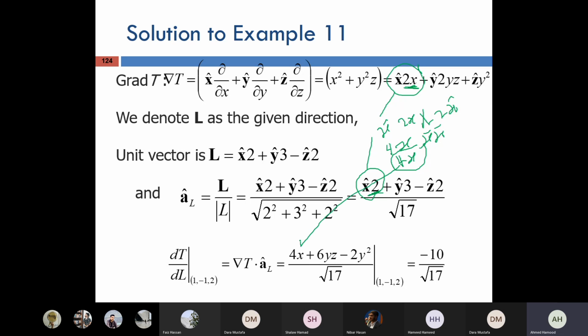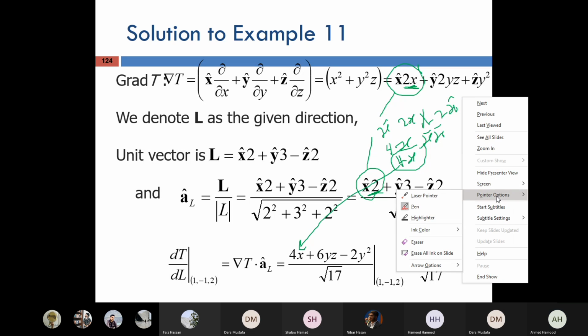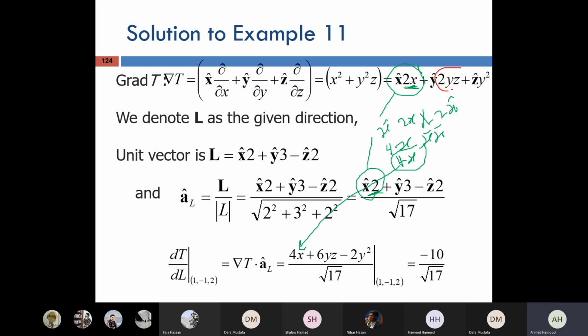So you write 4x here, plus 2y and 3. Since you already know that y multiplying by y is equal to 1, you just multiply these two only. So you will have 6yz. You also write it here.